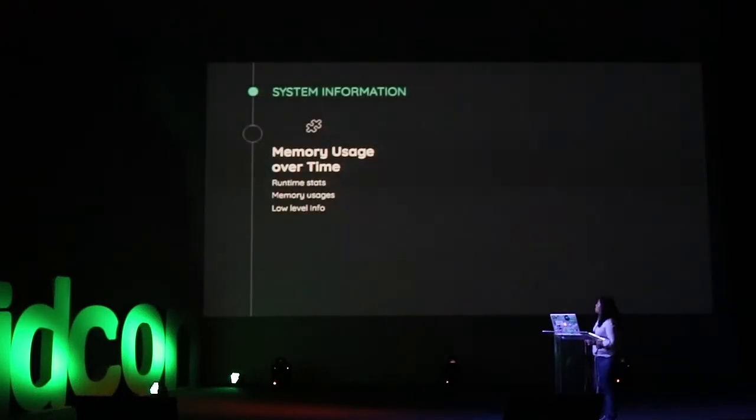So the next one is memory usage over time. This one is particularly useful if you find that your app is eating up a lot of memory over time. So you just leave your app running, interact with it, and then run this dump, because it will show you an aggregation of all this information over the last 24 hours, over the last 3 hours.